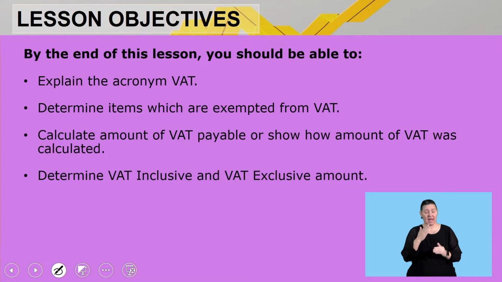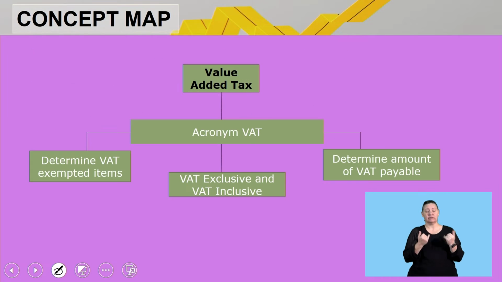By the end of this lesson, you should be able to explain the acronym VAT, determine items which are exempted from VAT, calculate the amount of VAT payable, or show how the amount of VAT was calculated, and lastly, determine VAT inclusive and VAT exclusive amounts. Now, these are the concepts that we will be looking at.